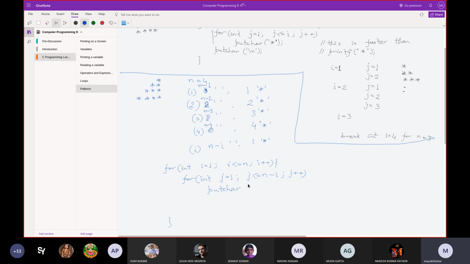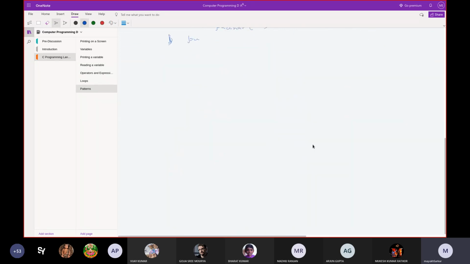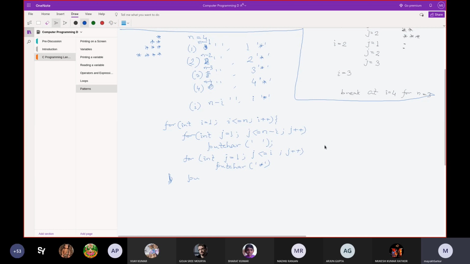So I am going to put a space here, and then i number of stars. And after printing, there will be a new line. This will be the logic.